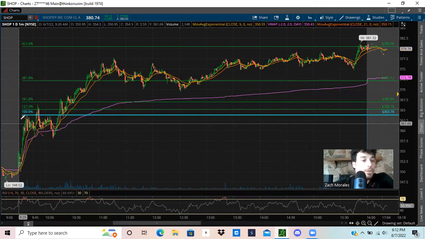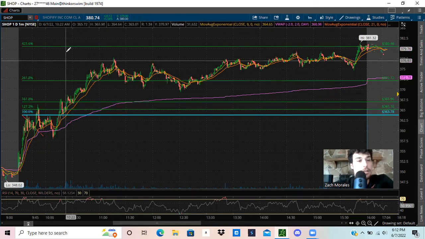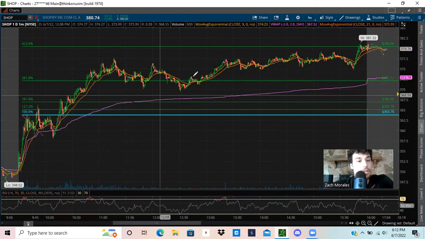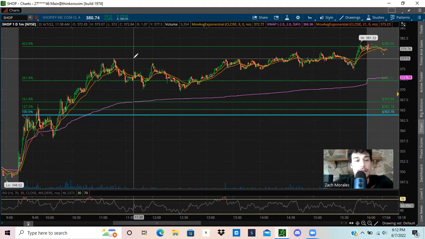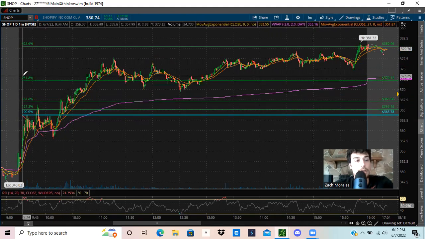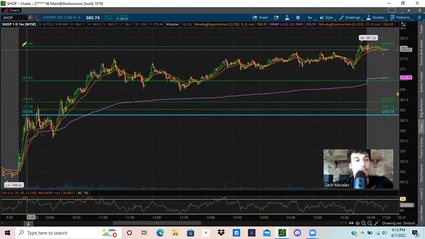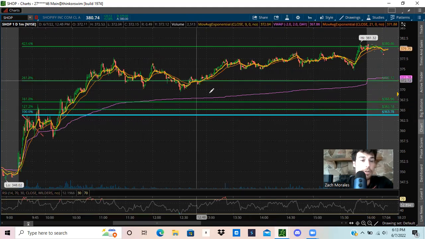Essentially, this blue line is going to be your breakout level. It's going to give you price targets to hit and where the stock is going to go, and essentially where you want to sell, based on your own risk to reward ratio. So you can enter plays and look to hit the 161.8, the 261.8%, the 423.6% up here, whatever your risk tolerance is.